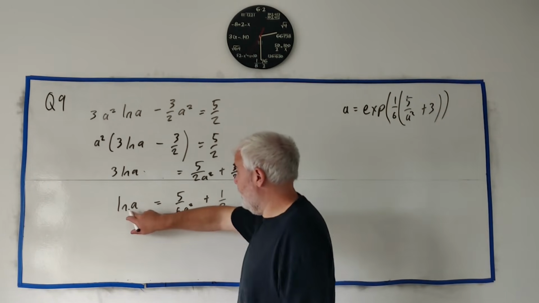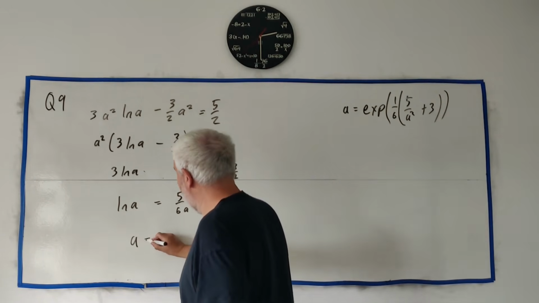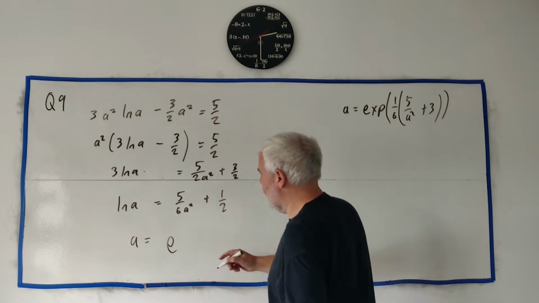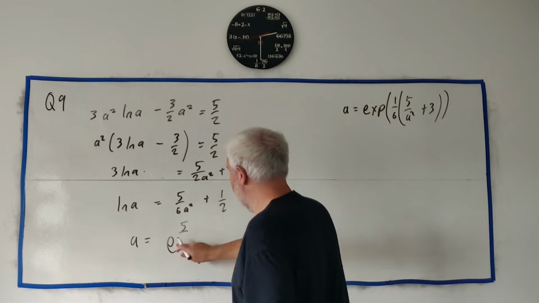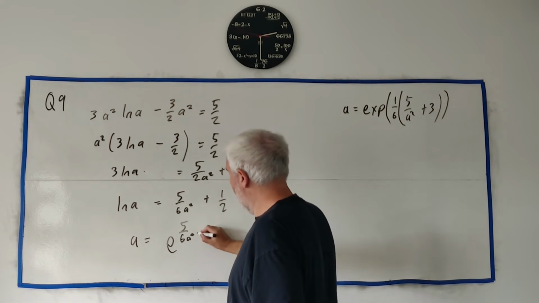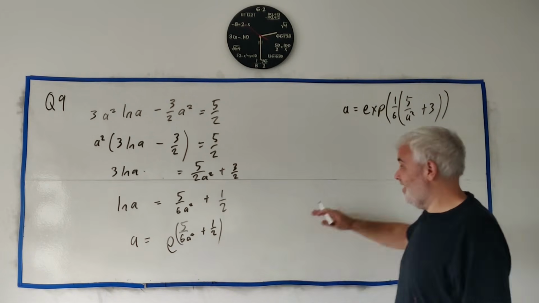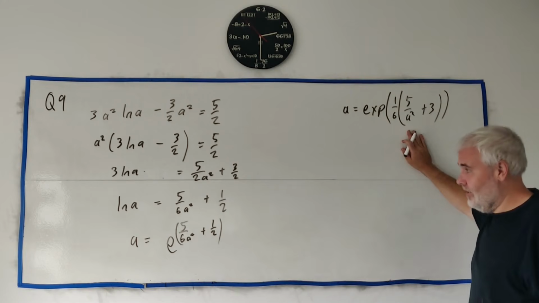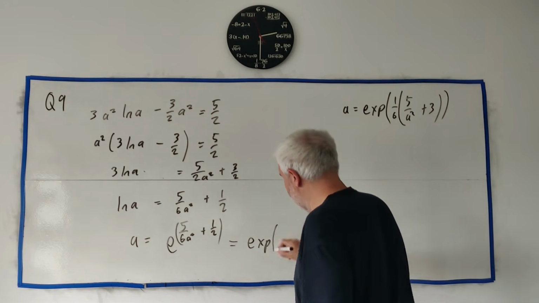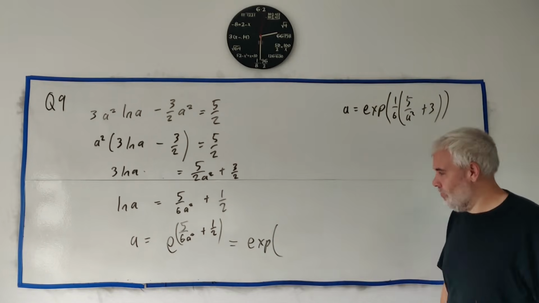Okay, let's get the exponential of both sides. That gets a is equal to e to the power, I'll write e to the power first, but this is the same as writing exponential, of 5 over 6 a squared plus 1 over 2. That's not identical to this, so what makes it different? First of all, let's change the e. That's not important. You wouldn't lose marks for that.